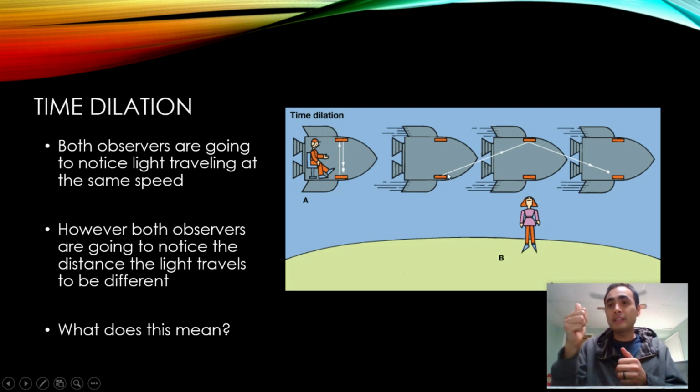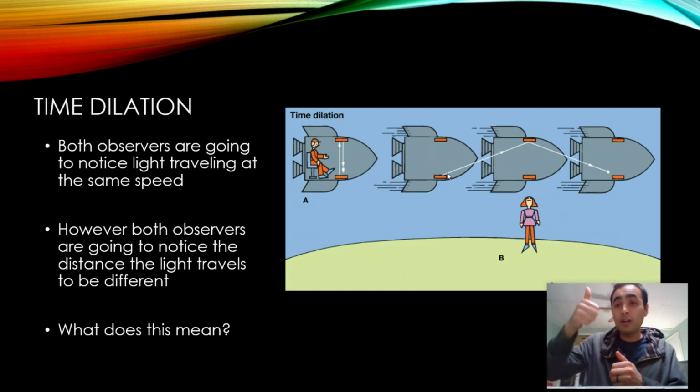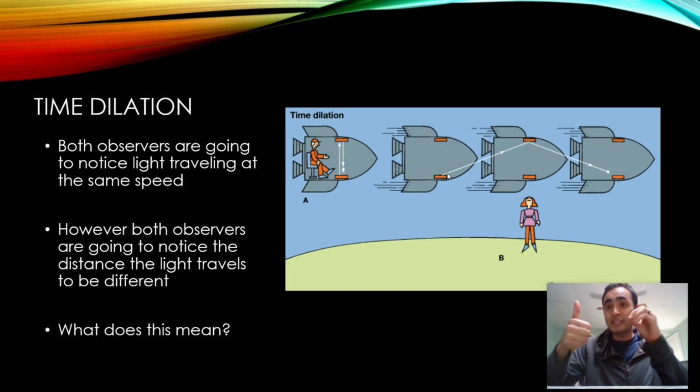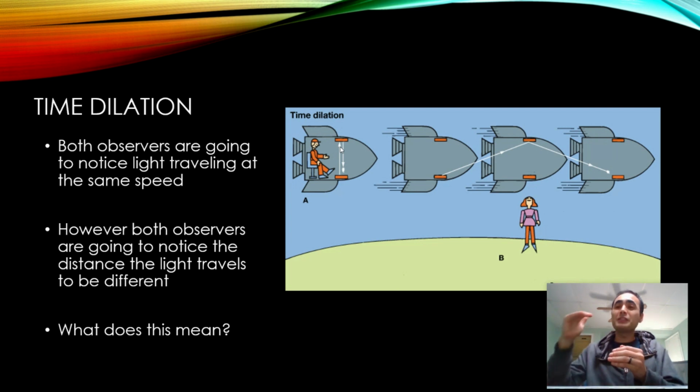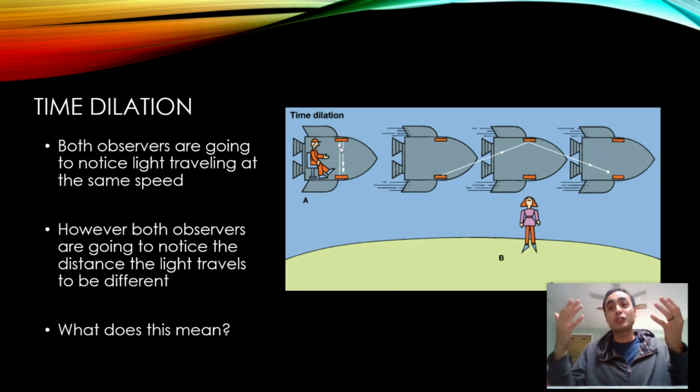So since speed equals distance over time, and the distance is a lot longer while the speed is still the same, time also has to be longer. So this person over here experiences more time than the person in the plane. What this means is the faster you go, the slower you experience time.